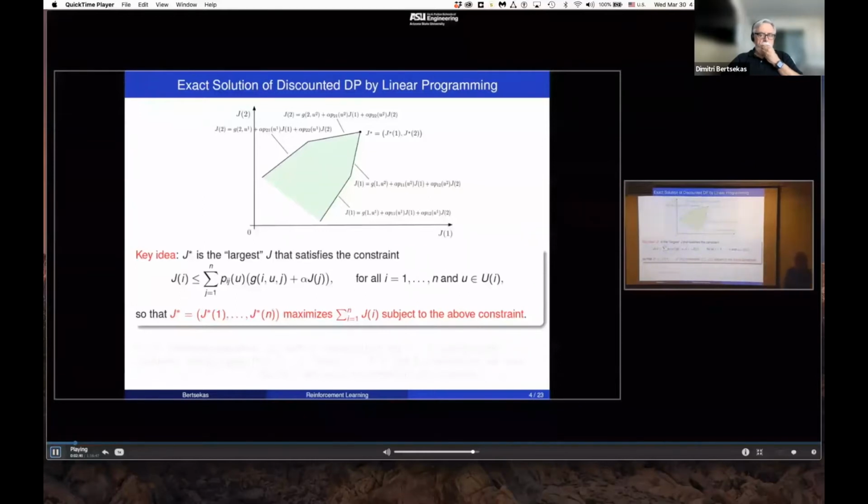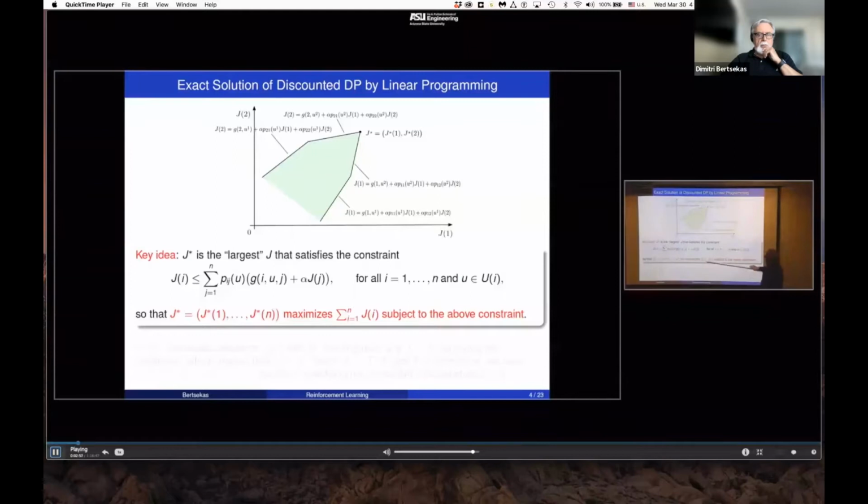Now let's try to visualize this result. This figure involves two states and two controls. With two states, J is a two-dimensional vector, J1, J2, so vectors J live in here.